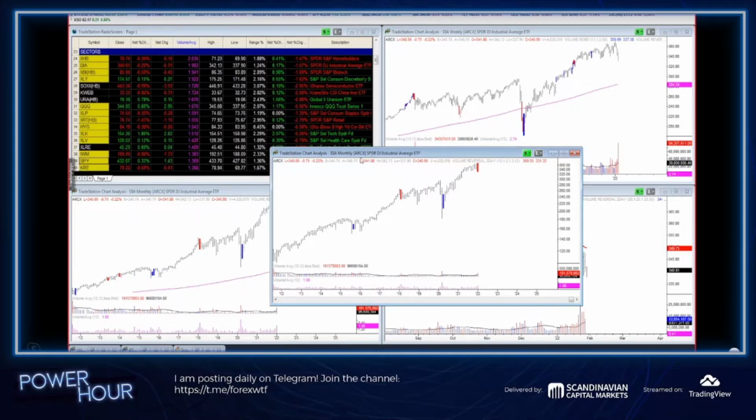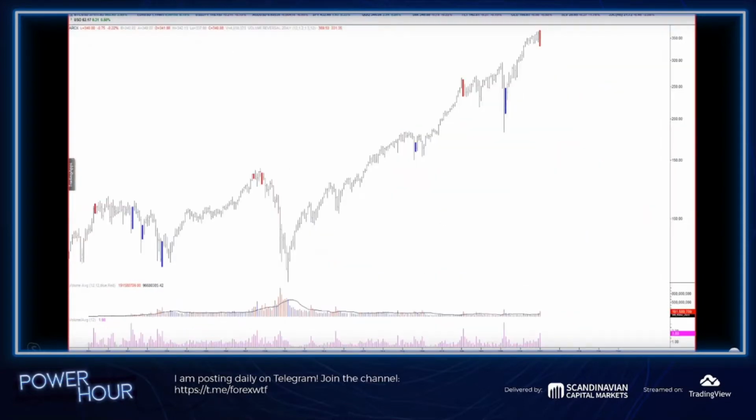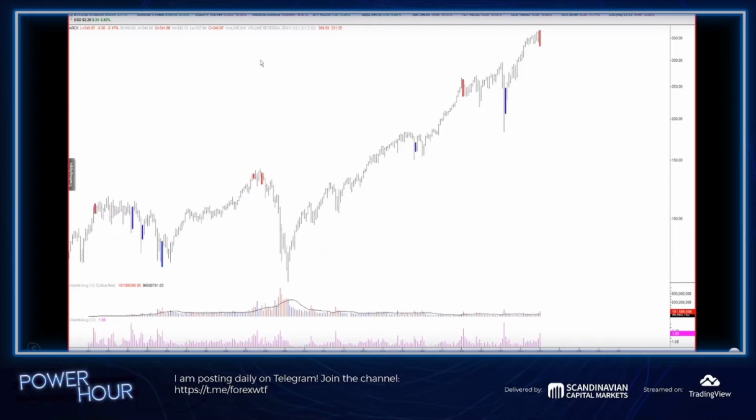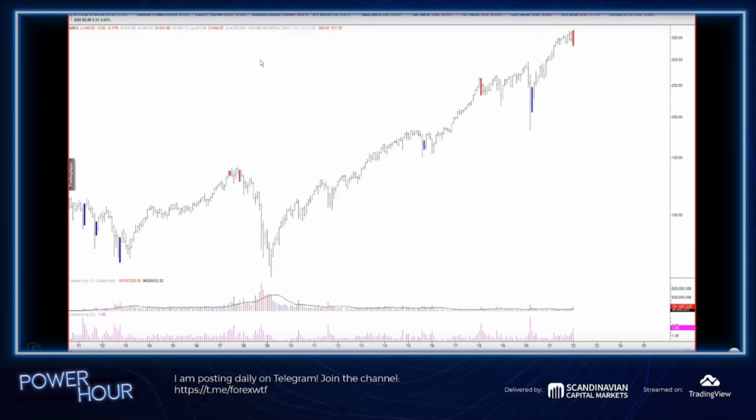So we're going to start by looking at DIA, which is basically the Dow Jones Industrial ETF. And I look at a lot of these ETFs for signal purposes. I don't trade these vehicles. There are better things to trade, but I do find them useful as far as signals, and that goes for even currency ETFs as well, but I won't trade those. I'll trade spot.